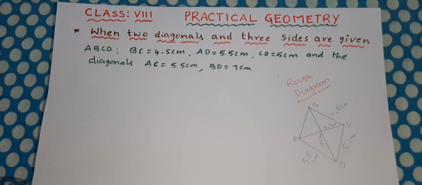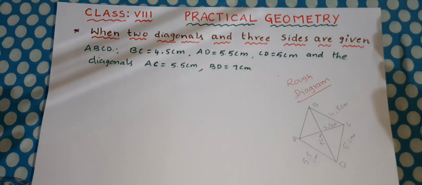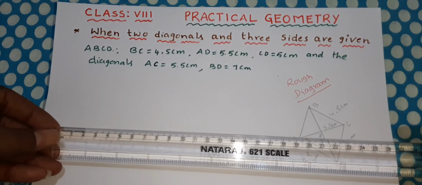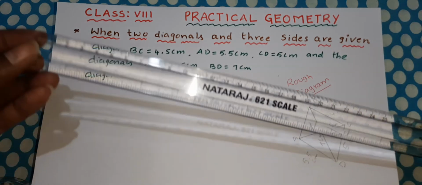So now I am going to construct the ACD triangle first. First draw the diagonal AC, 5.5 centimeter. By SSS congruency we are going to construct, because three sides are given. Let us construct AC 5.5 centimeter first.